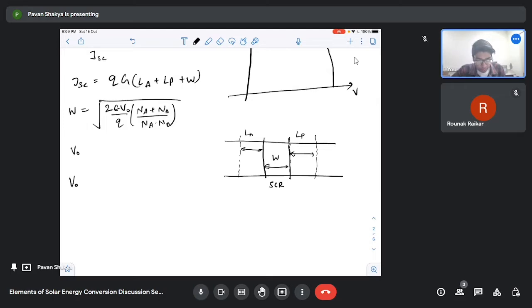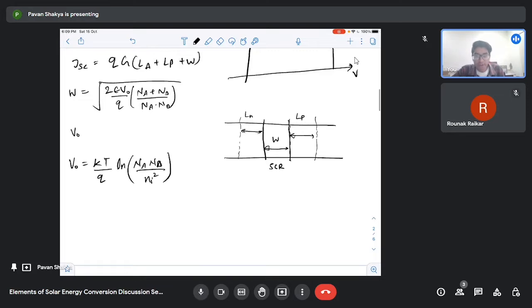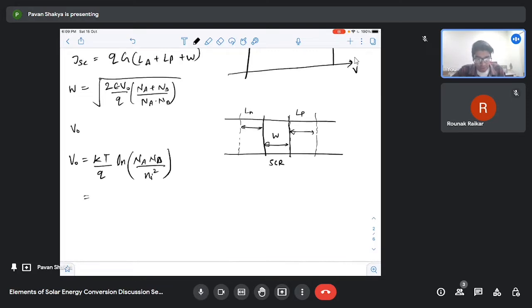This open circuit voltage can be calculated as V naught equal to kT by Q times ln of Na Nd divided by Ni square. Now in this formula we have all the values for Na, Nd and Ni. If we put in the values, K is the Boltzmann constant, and the value is 8.62 into 10 to the power minus 5 electron volt per Kelvin.